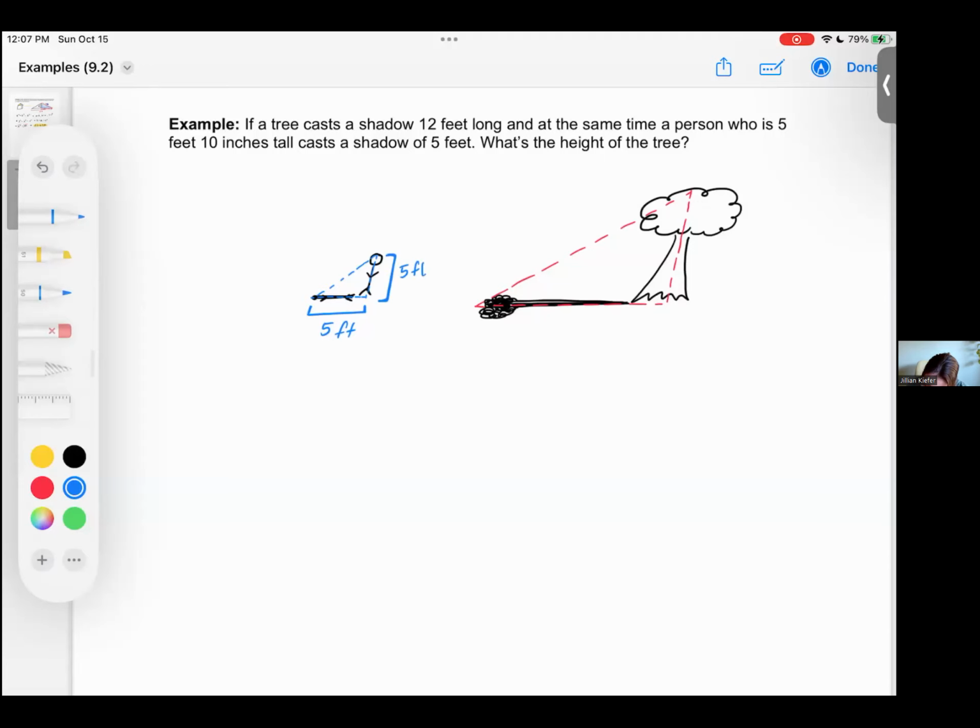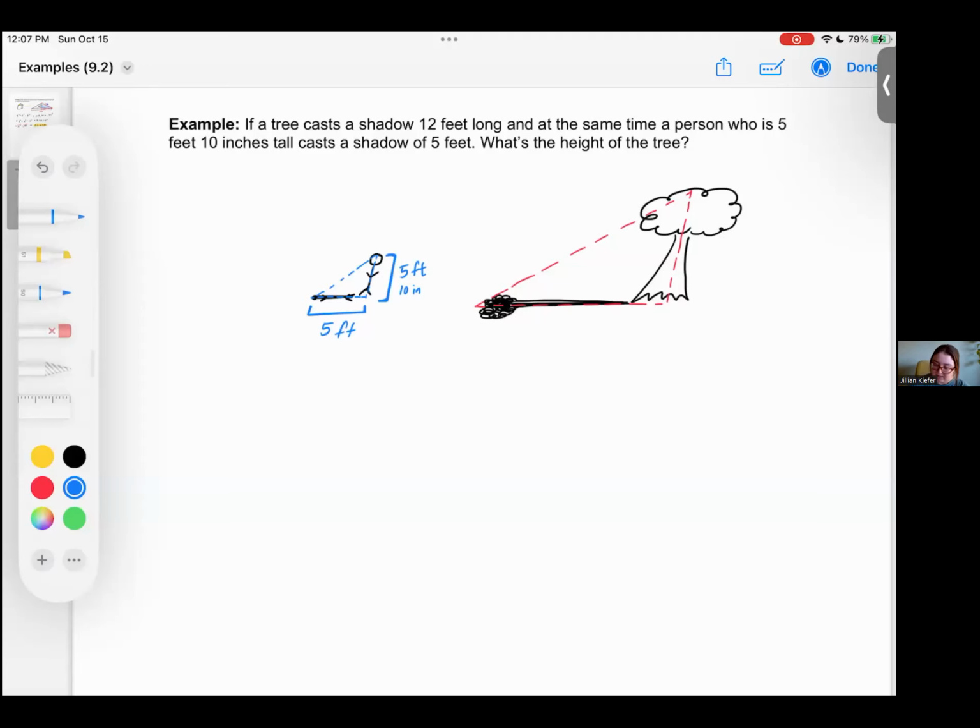So we know that's how tall they are. We don't really know this value of the hypotenuse. We don't know what that would be. We don't really know what it would be in the context of the tree either.